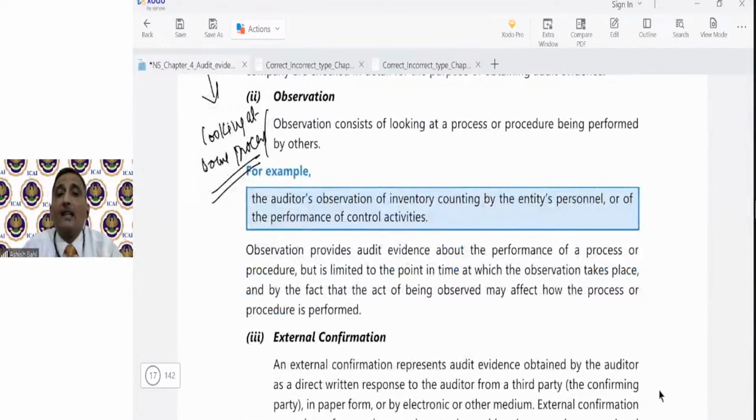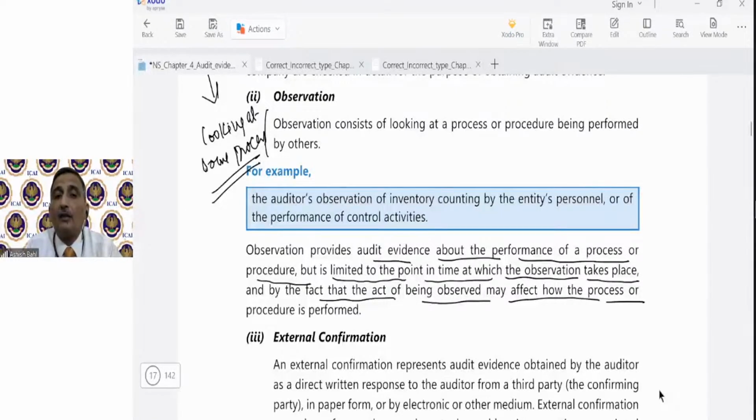And another important thing is, students, that observation provides audit evidence about the performance of a process or procedure, but is limited to the point in time at which observation takes place, and by the fact that the act of being observed may affect how the process or procedure is performed.